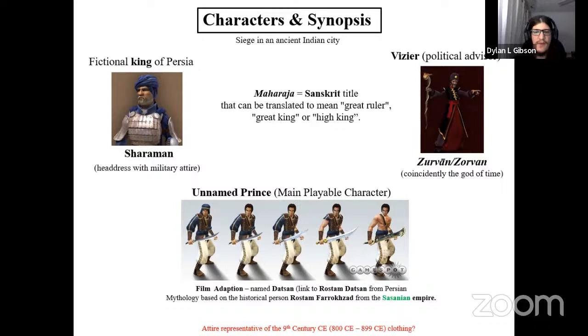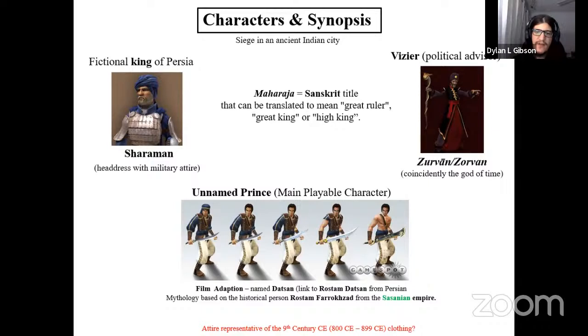So if we just look at the bottom over here by the prince, in the game he is unnamed and he's the main playable character. And you can also see they show there how his clothes get ripped away a little bit layer by layer as he's fighting, as he's battling. And it's a game from 2003, so it's not going to be very detailed, but you can see how they made an effort there. And in the film adaptation, he is given the name Dastan.